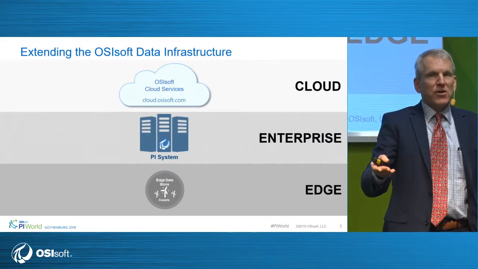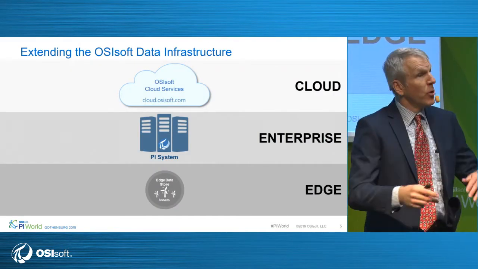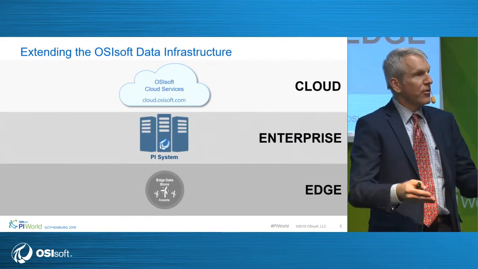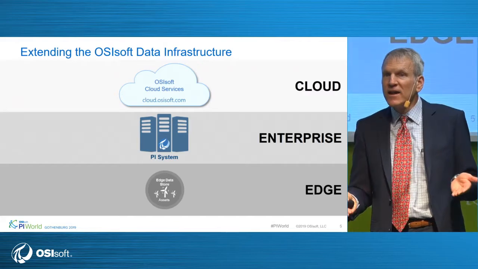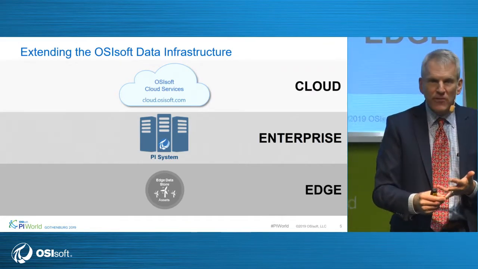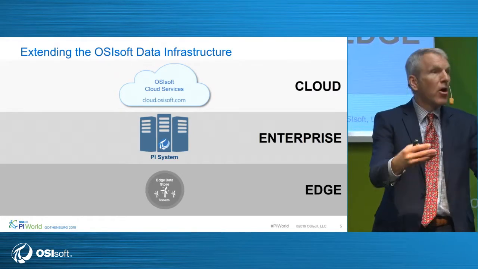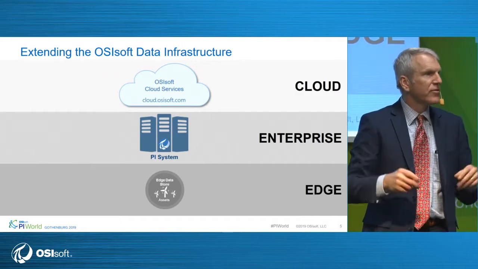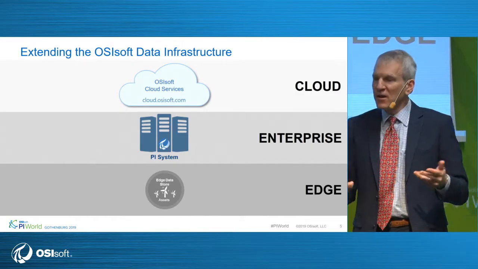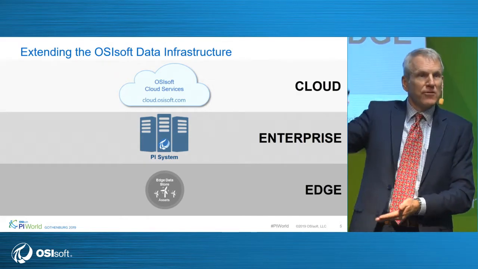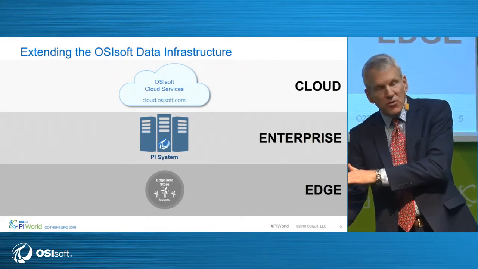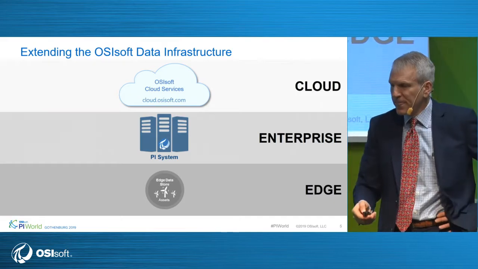Okay, so we talked about, you heard it today, extending the data infrastructure. So another dimension of why there are four things is we now have three systems to target for this data. We have our traditional Pi server that's going to continue to evolve and serve these on-premise, if you will, data collection and data storage needs. Now extended to the cloud with OSIsoft Cloud Services and extended to the edge with, again, the Edge Datastore.